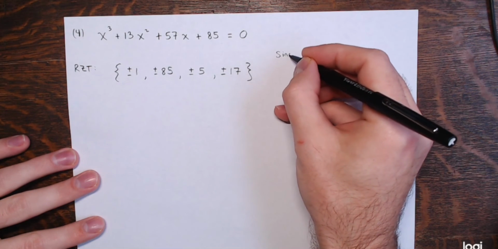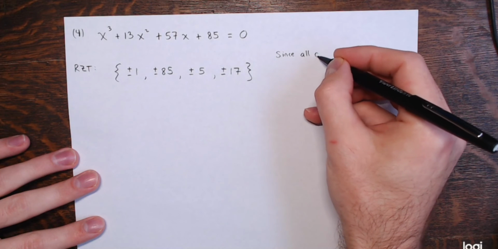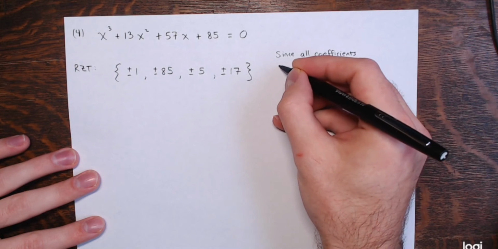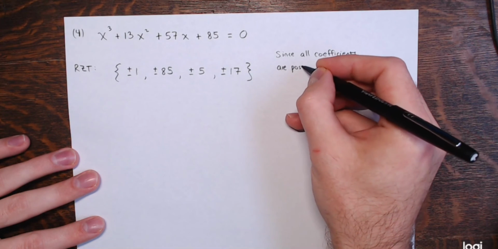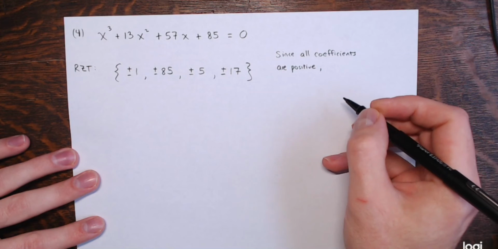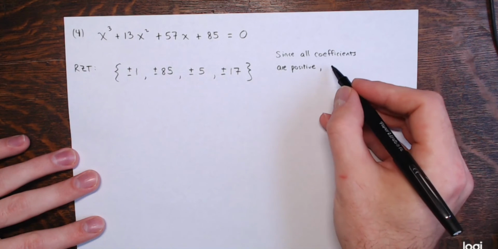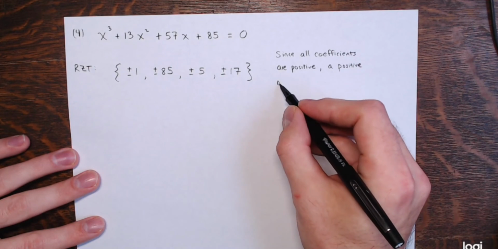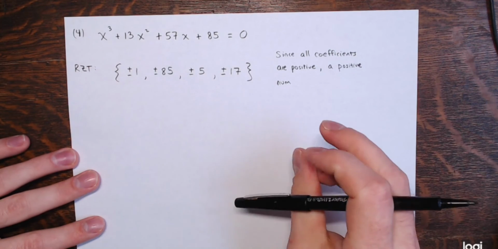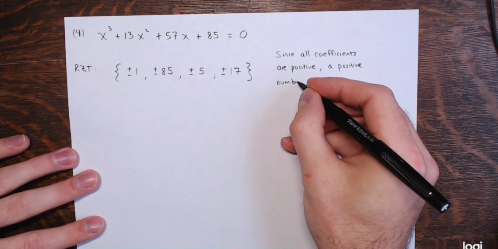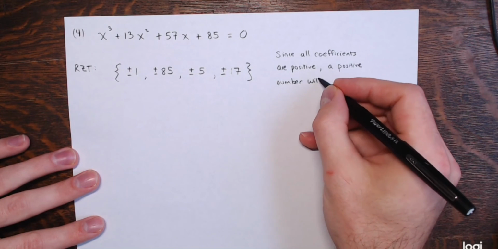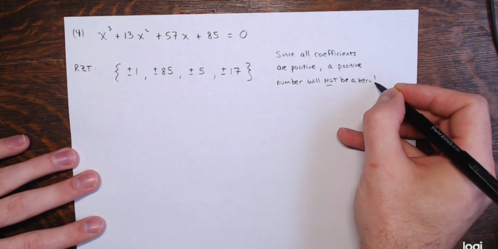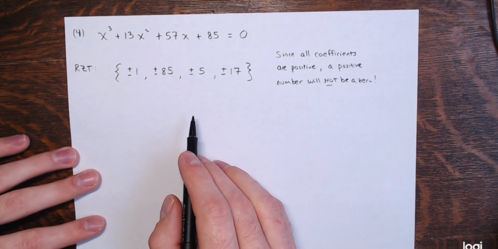Since all coefficients are positive, a positive number will not be a 0, because that'll just make everything more positive. You're not going to add up to 0 if that's the case. So a positive number will not be a 0. So that cuts my list in half.